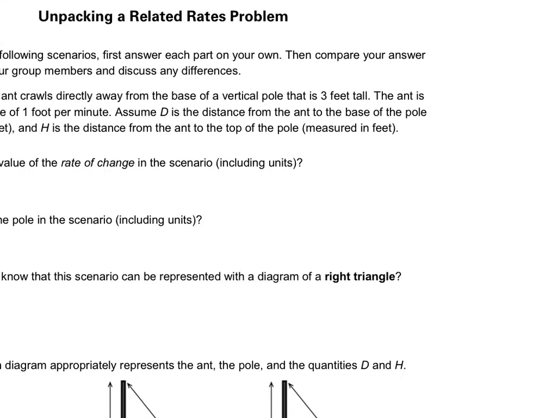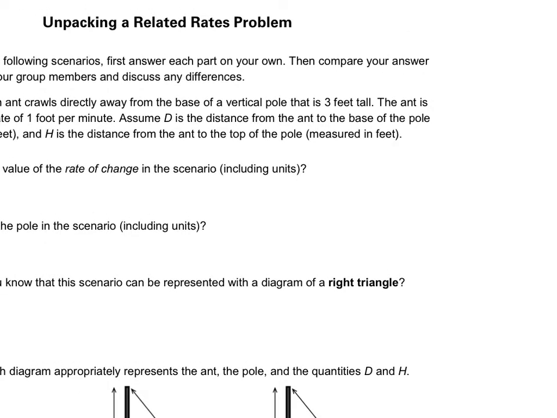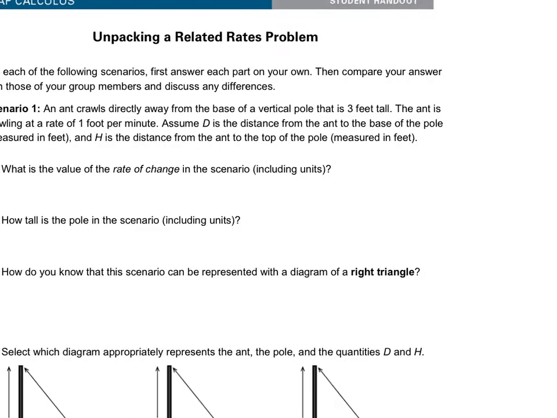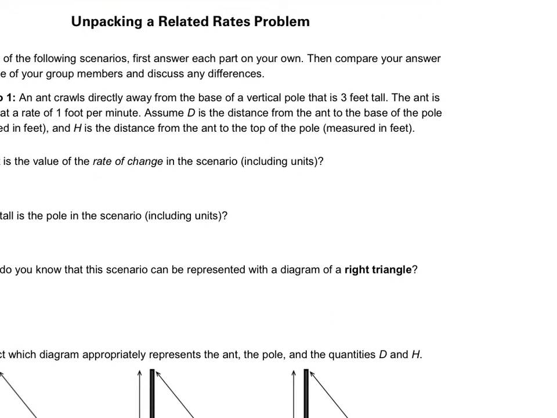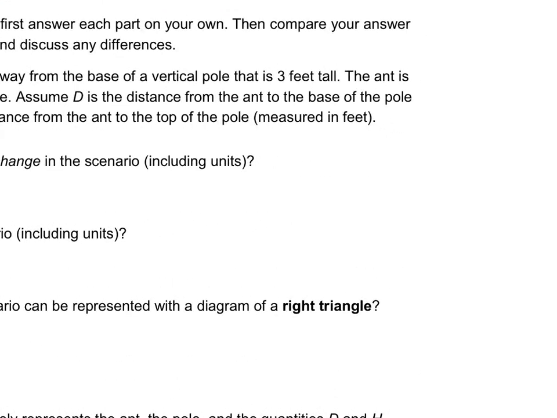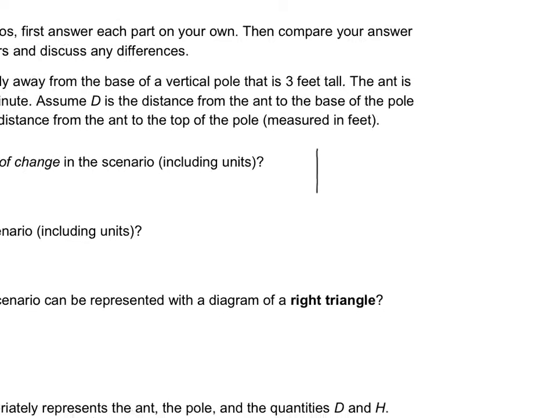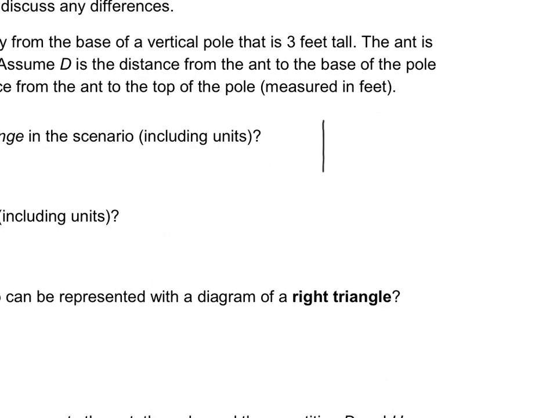All right, when you're drawing, just try to do simple stuff. When they talk about an ant, make that a point. When they talk about a vertical pole, just a line, try to keep things as simple as possible. Okay, and then this is 3 feet tall.